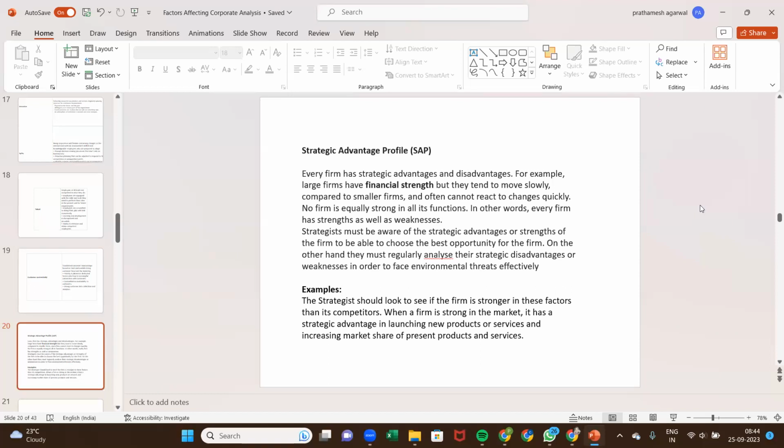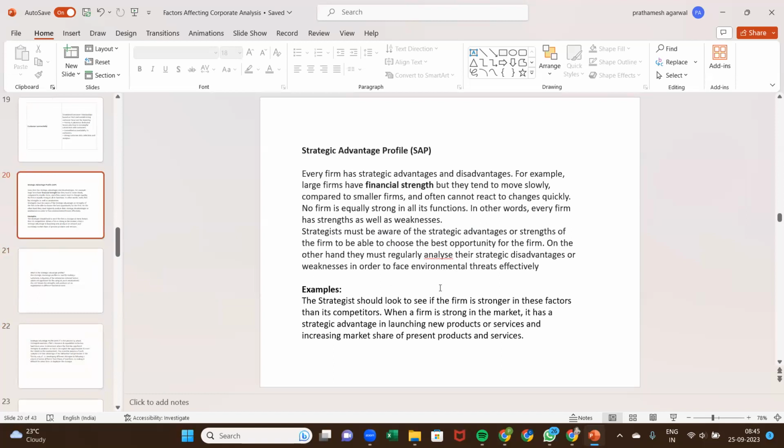On the other hand, they must regularly analyze their strategic disadvantages or weaknesses in order to face environmental threats effectively.